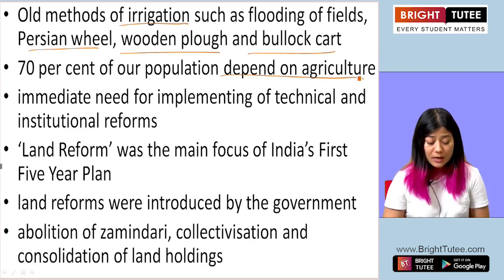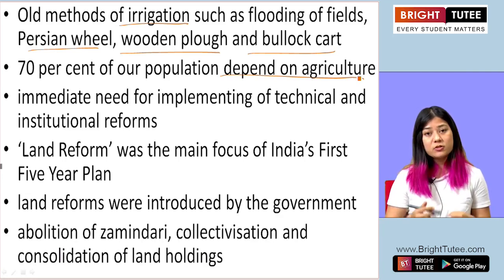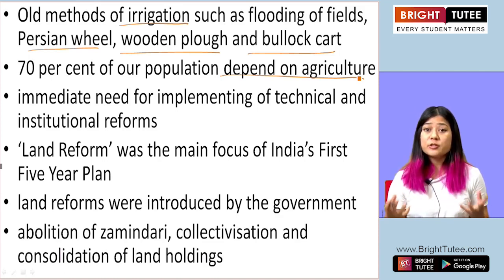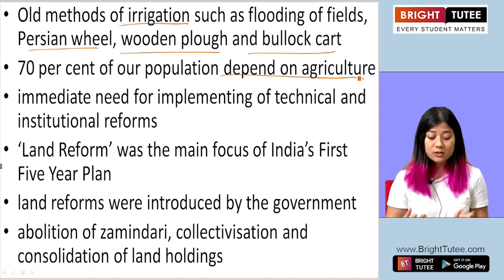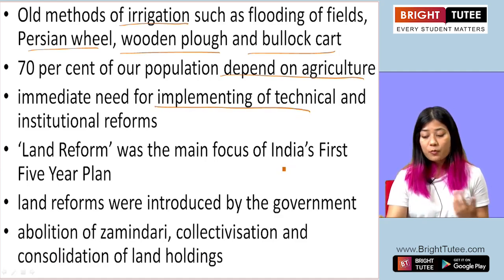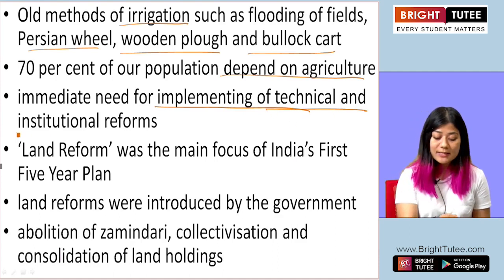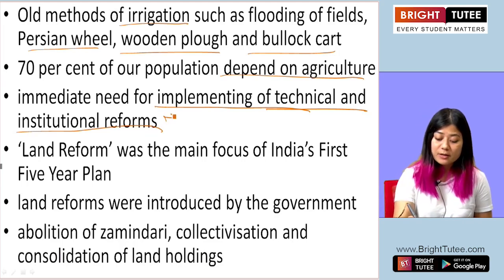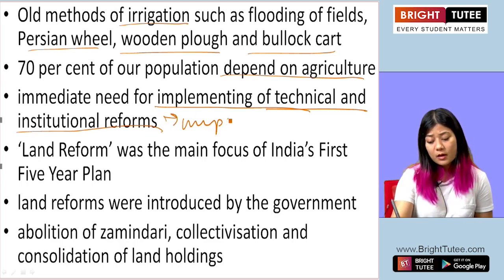Because of the importance of agriculture, how the majority of the people depend on it and how the country's prosperity depends on it, there is an immediate need for implementing reforms, technical as well as institutional. It has become very important for changes to be made.